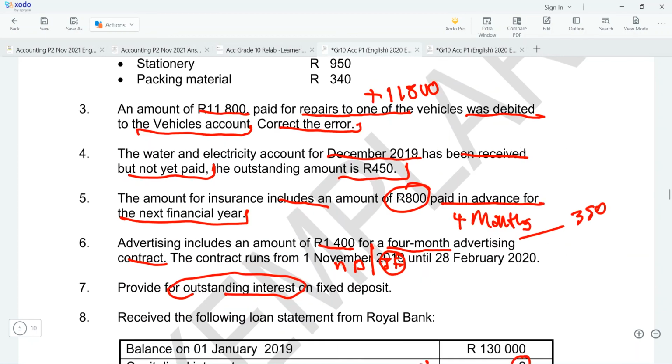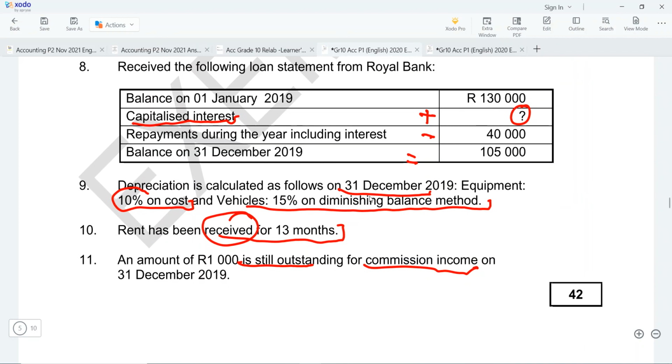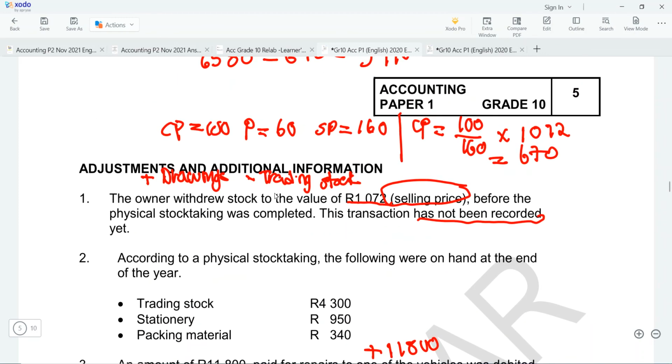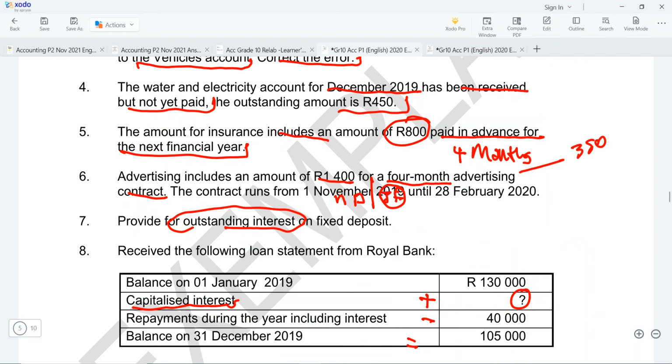So I think it was just an error on the memorandum, which was corrected just after this was released. And then also I saw that on the vehicles their amount is 20,000, whereas it's supposed to be 24,000.